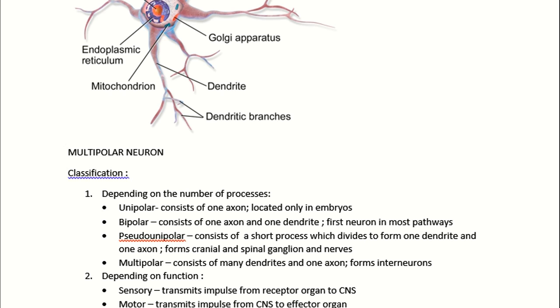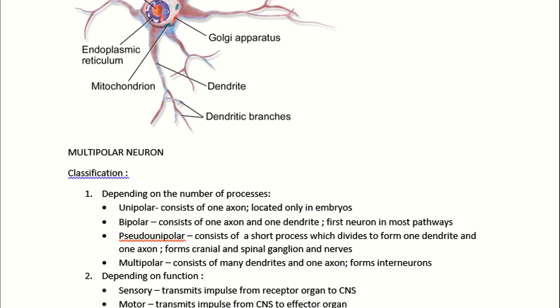In this case, the impulse jumps from one node to the other. The saltatory transmission of nerve impulse is done in this case, and the nerve impulse is thus transmitted much faster than it would have been through a normal action potential produced on the nerve fiber. So myelin sheath helps in two ways.